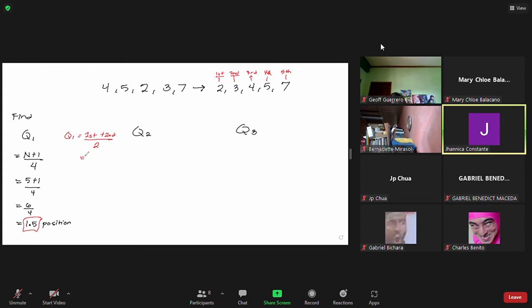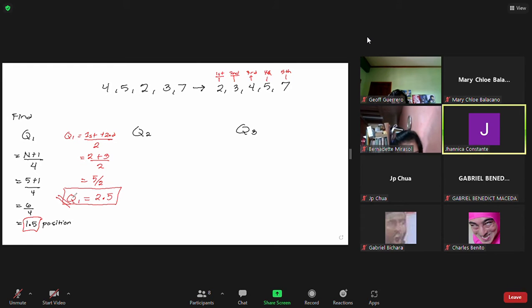The number in the first position is 2, plus 3, divided by 2. So we have 5 divided by 2. So our quartile 1 is equal to 2.5. So that is our quartile 1.